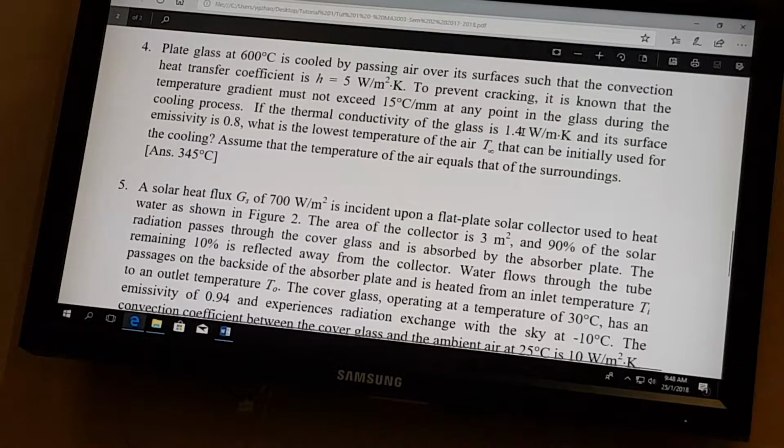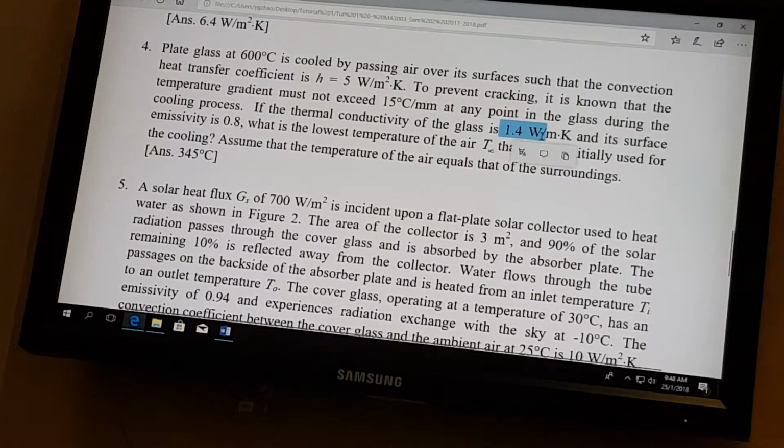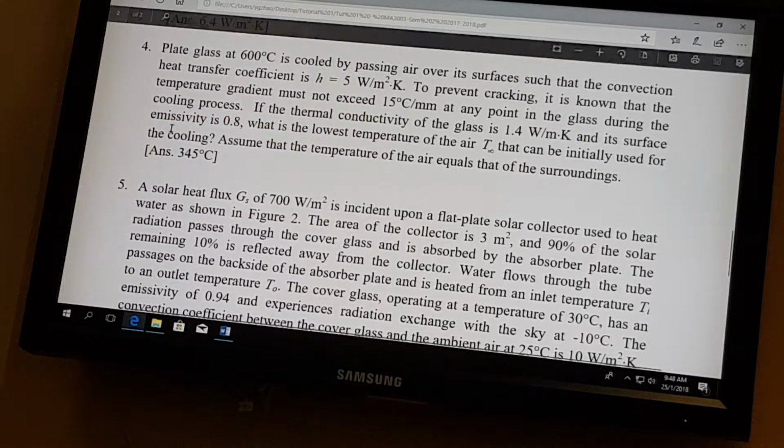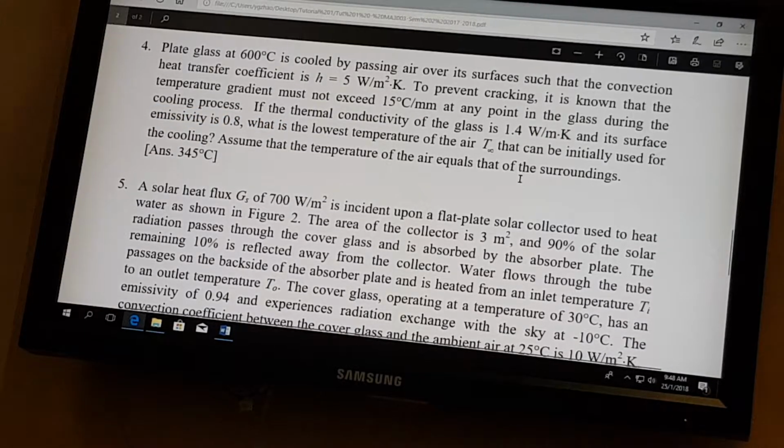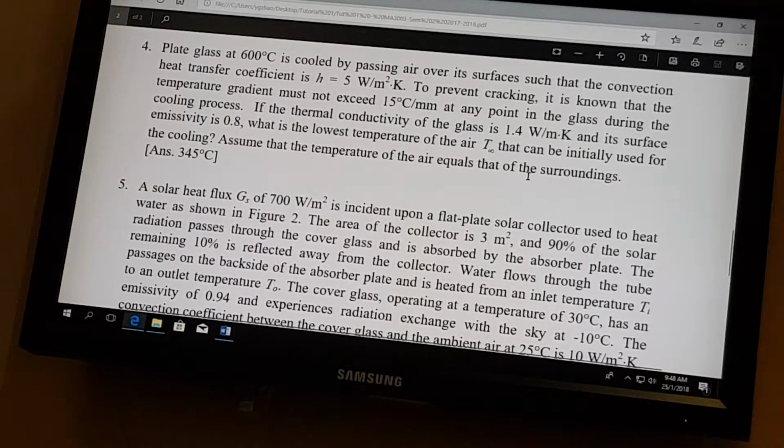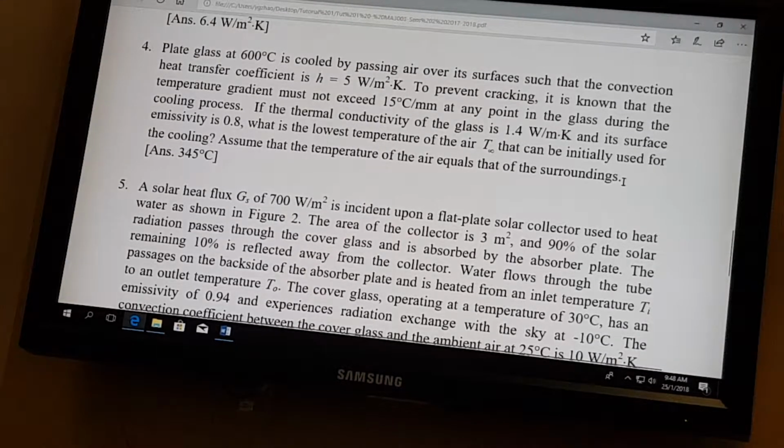Given the material properties, the conductivity, giving the T infinity. This question asks you about T infinity, the temperature of the air. Also, they assume the temperature of the air equals the temperature of the surroundings.